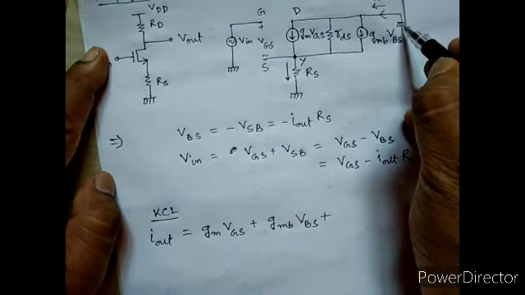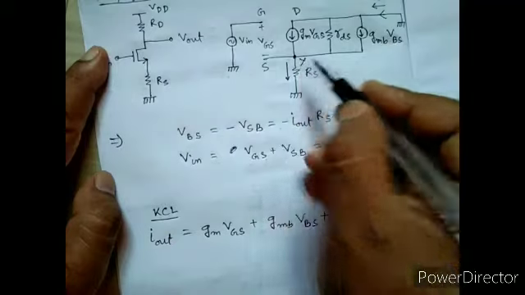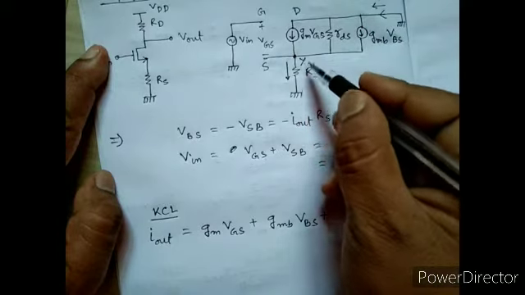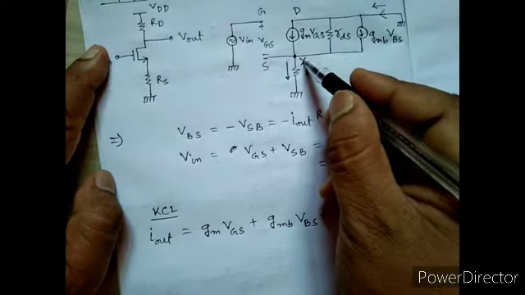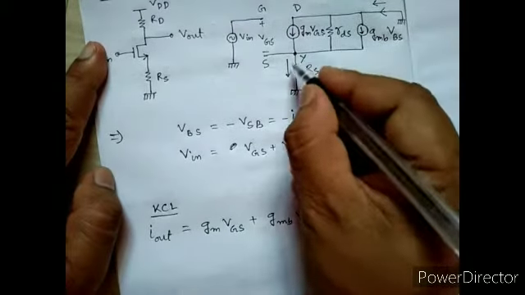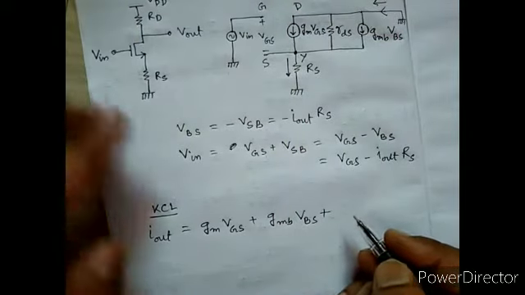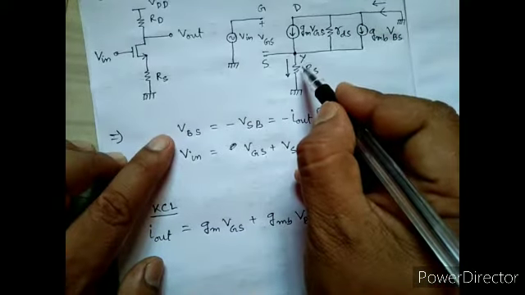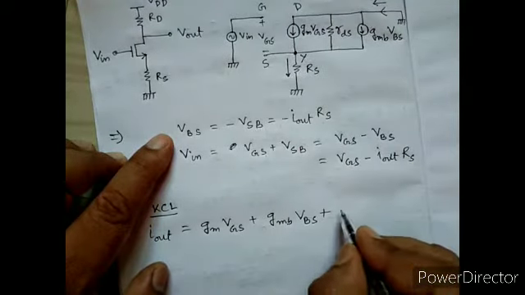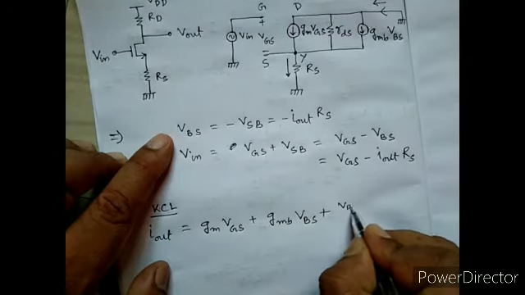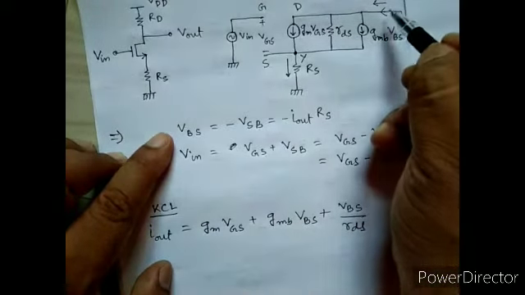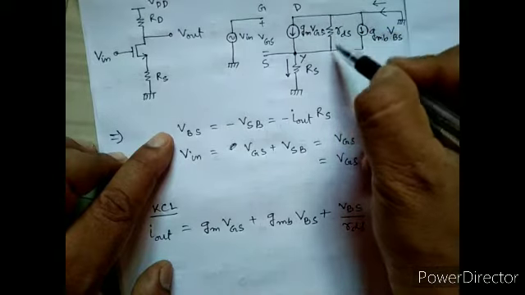This terminal is connected to ground and this terminal is connected to Y. So the potential difference between Y and the ground terminal is the potential drop VBS, so the current is VBS by RDS.